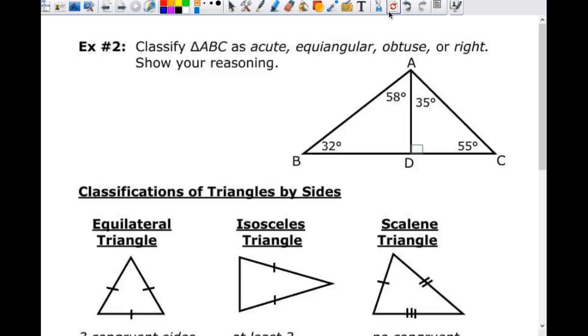Okay, time's up. Raise your hand if you think it's an acute triangle. Raise your hand if you think it's an obtuse triangle.